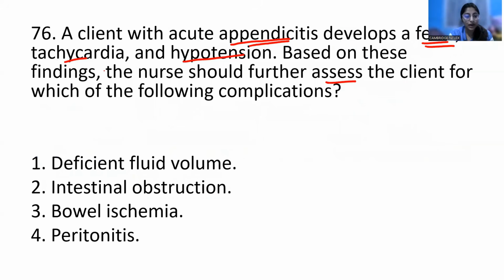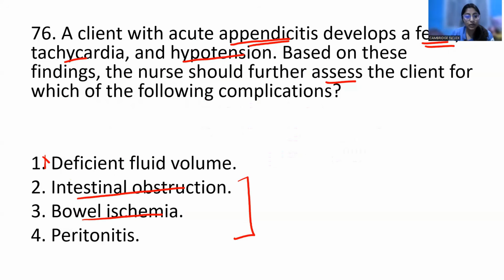Now, let's talk about option number 1, which is deficient fluid volume. Deficient fluid volume can be seen in these patients, but fever and tachycardia are not typically present with just deficient fluid volume. So this is not the correct option. Option 2 says intestinal obstruction. Now, intestinal obstruction and bowel ischemia can occur after appendicitis, but we will not consider these options as the correct answer.